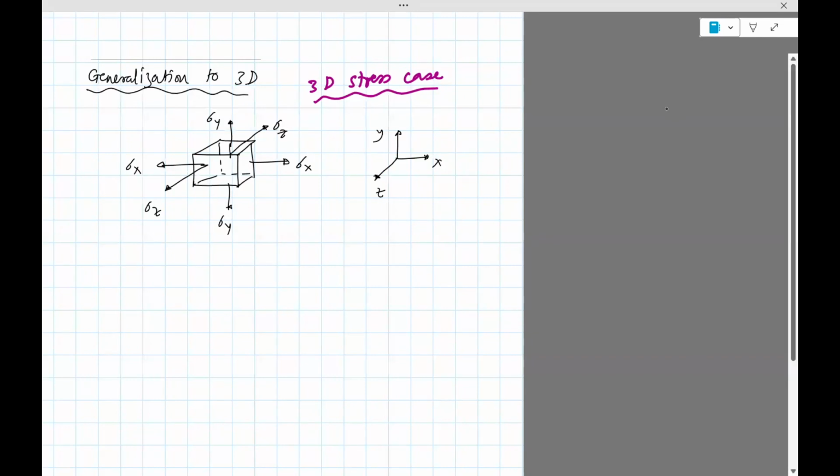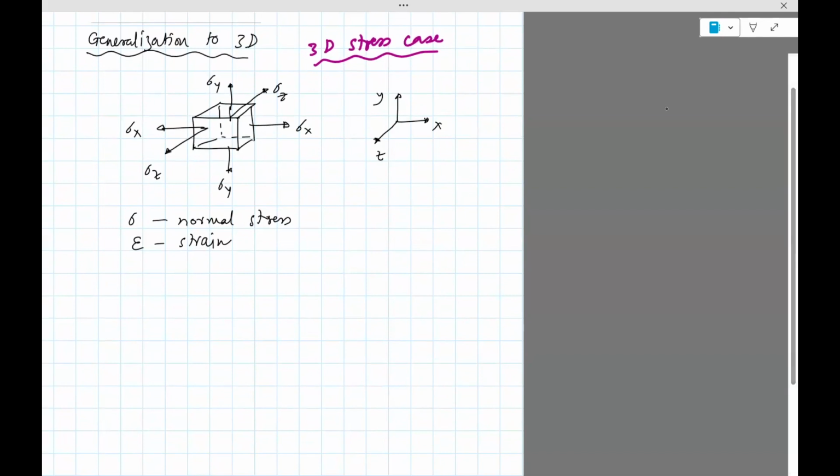So each face would have a normal stress. Sigma is the normal stress. This is the strain.